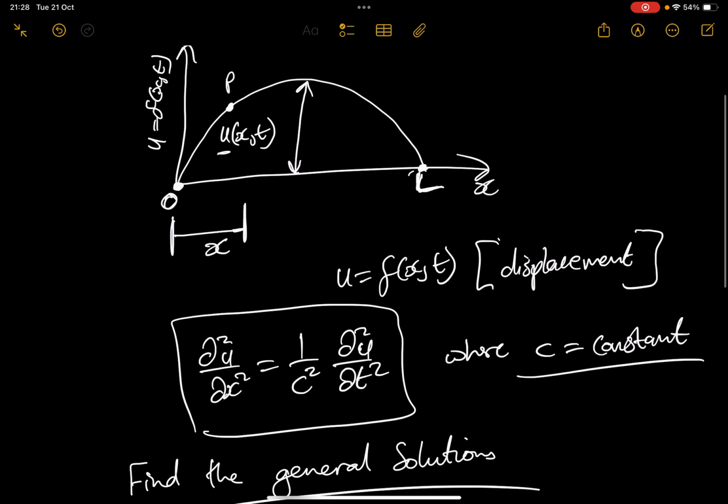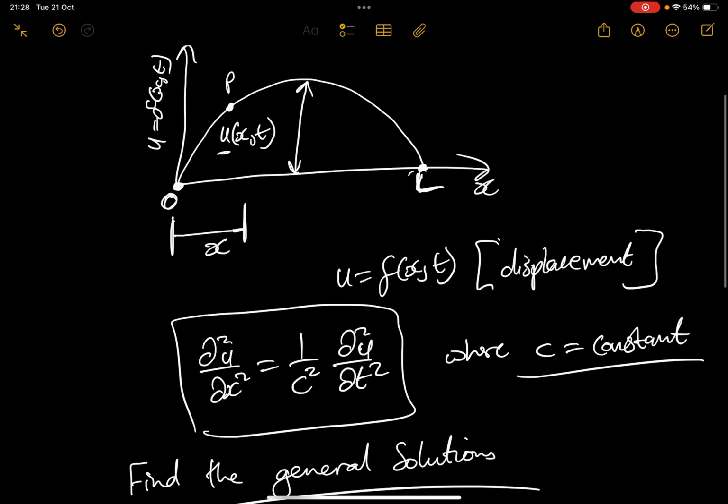If so, then a and b are equal to 0, because remember, we said a is equal to minus b. If a is 0, that means b is also 0. So if a and b are 0, what does this mean?